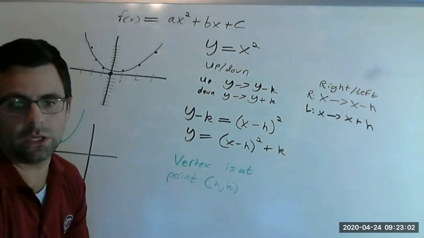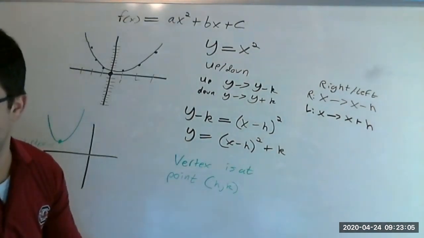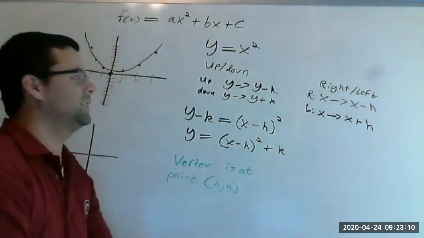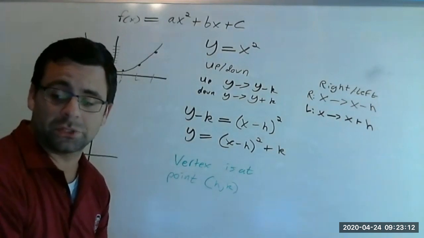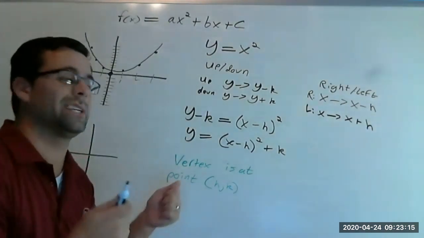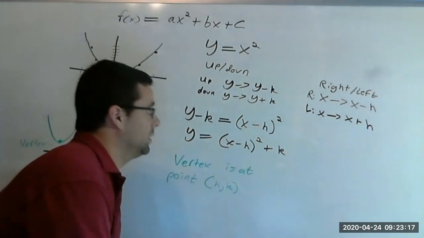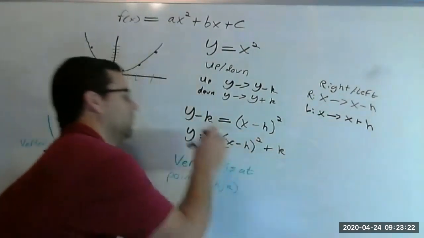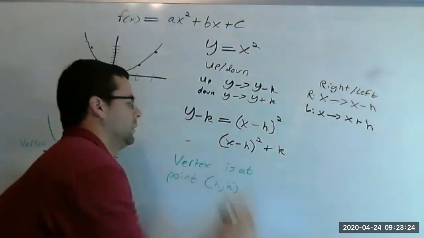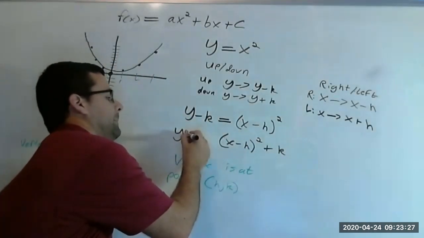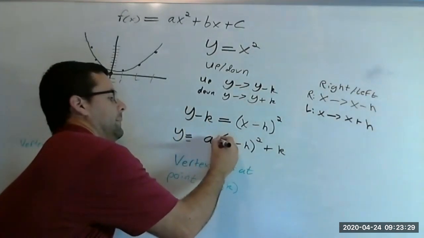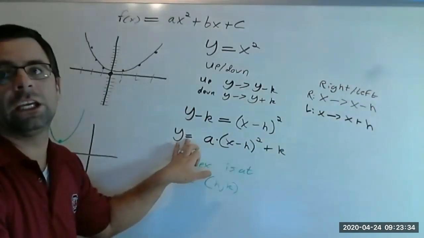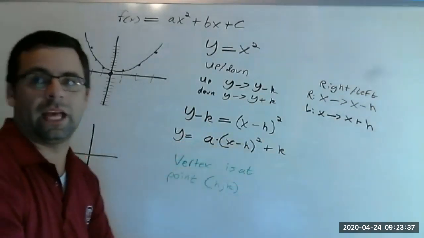Another bit that gets tacked in here is you have to take care of the other possible transformations, which are stretches and squishes. And the way they do that is they just put y equals a times that thing.